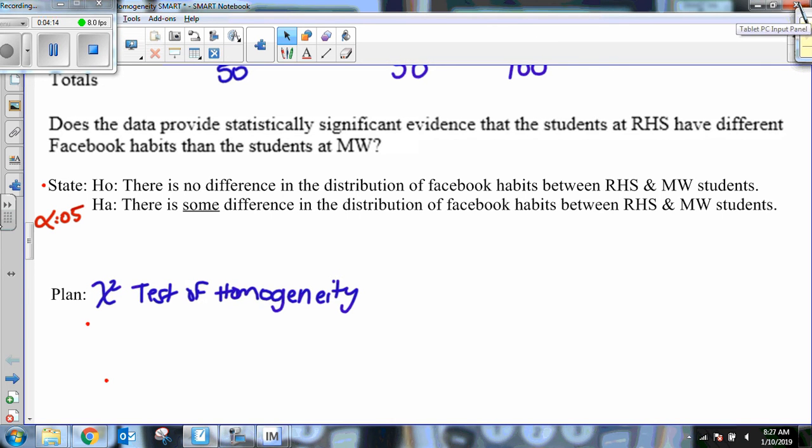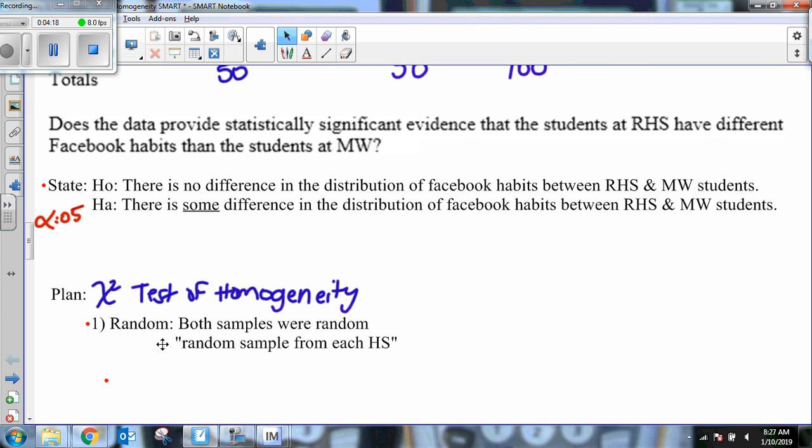All right. So, like all other plans, we got to do our conditions. The random condition. Now, because we're testing two samples, notice that I'm referring to both samples. Both samples were random. And then I quoted why: random sample from each high school. Think of this as the tests that we did with two samples.